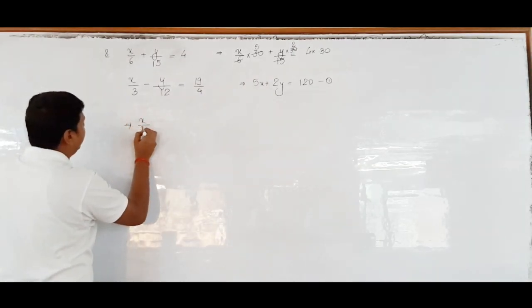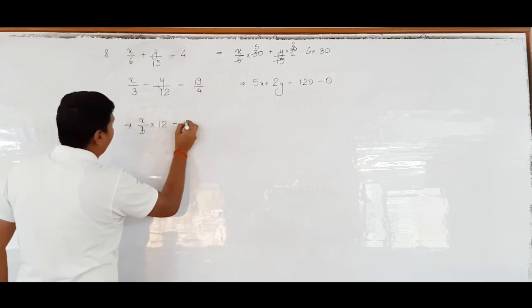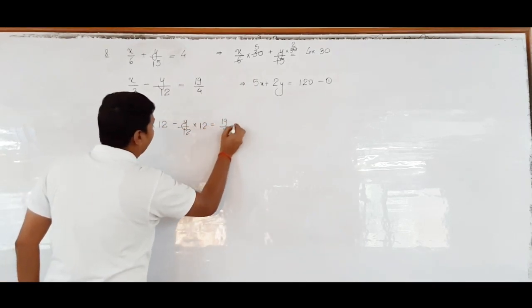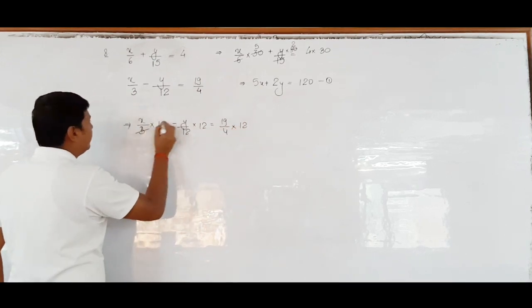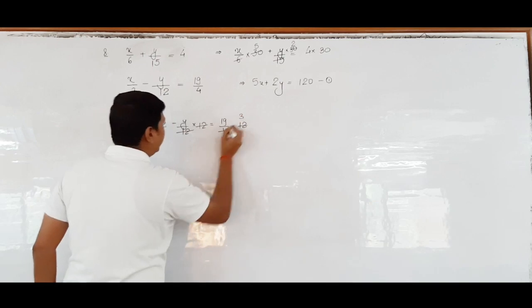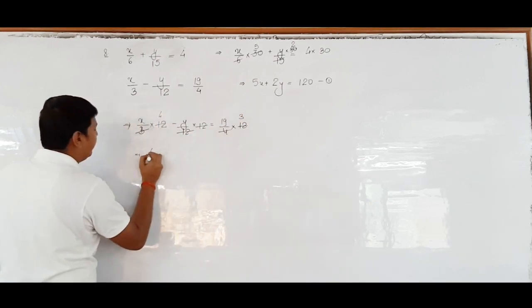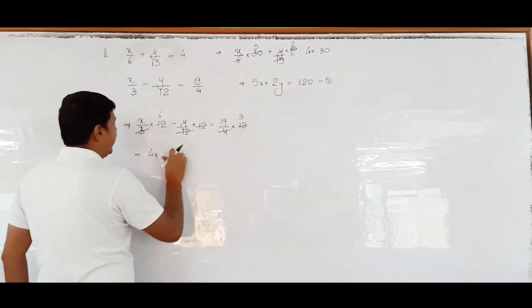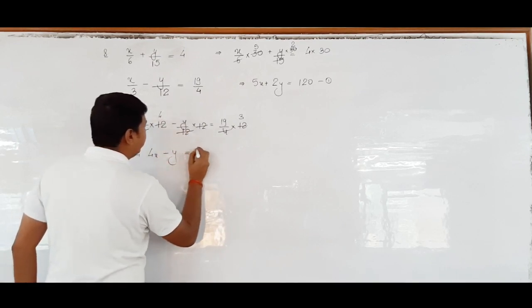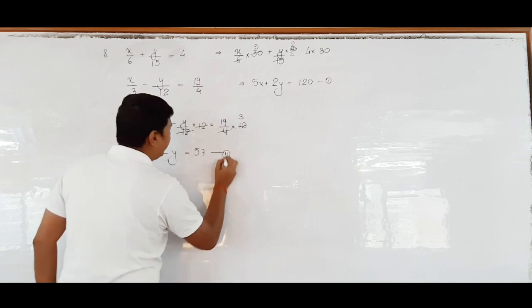So x by 3 into 12, y by 12 into 12, and 19 by 4 into 12. So 3 4s are 12, 12 cancel, 4 3s are 12. So 4x minus y is equal to 57, equation 2.